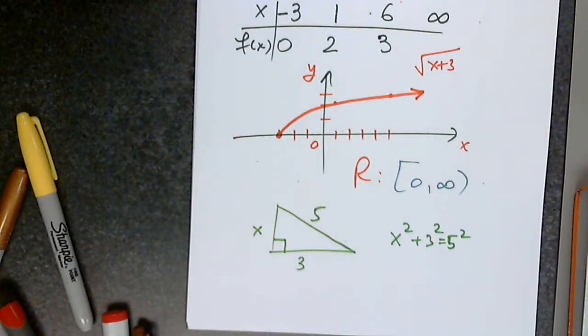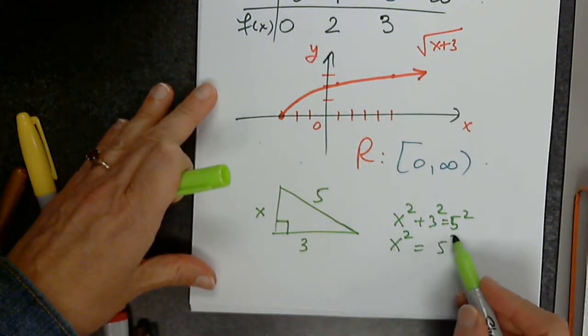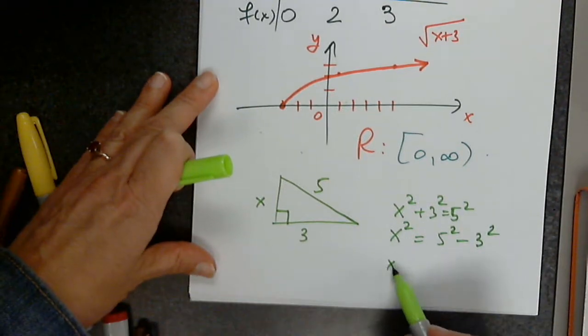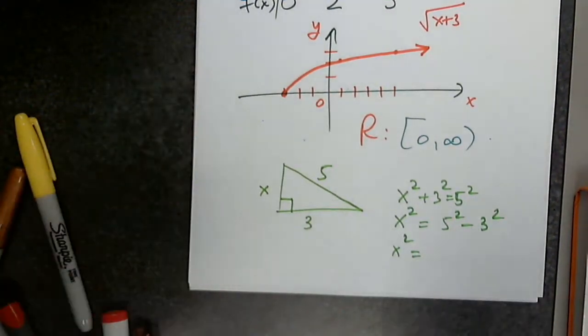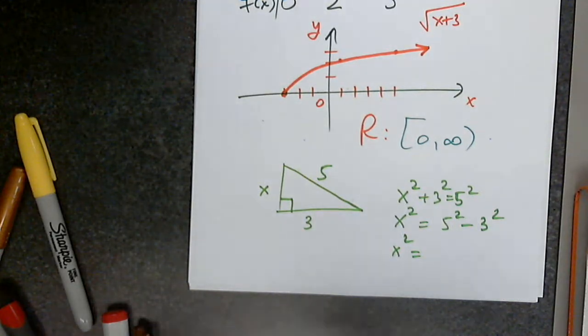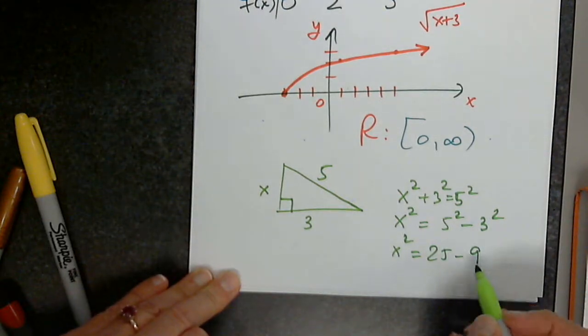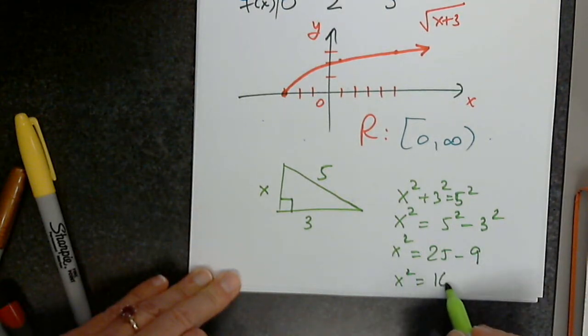The sum of the legs squared equals the longest side squared, the hypotenuse squared. Okay, very good. So this is x squared equals 5 squared minus 3 squared. So x equals, or let's write x squared first. How much is 5 squared? Minus 9. So then x squared equals 16.